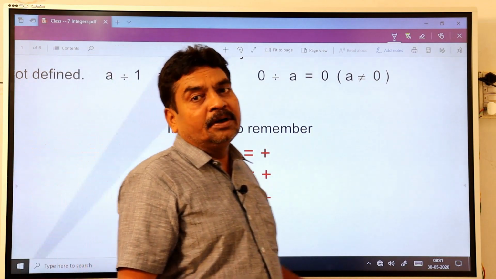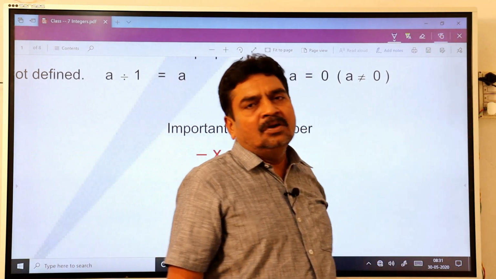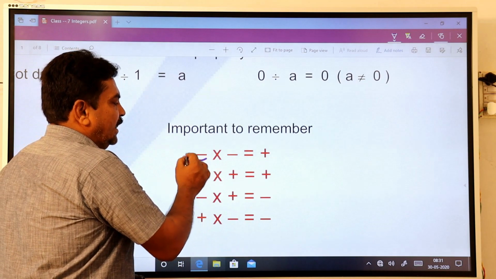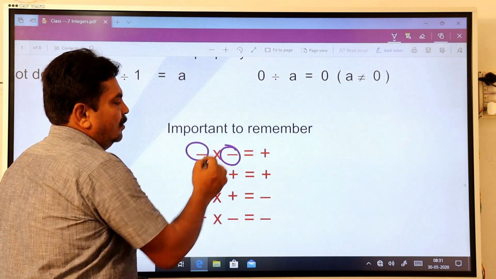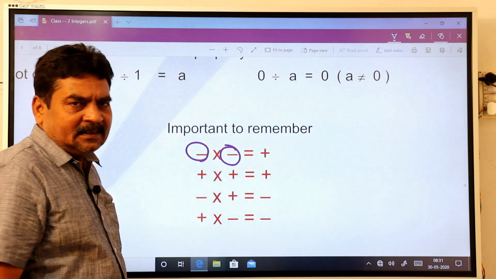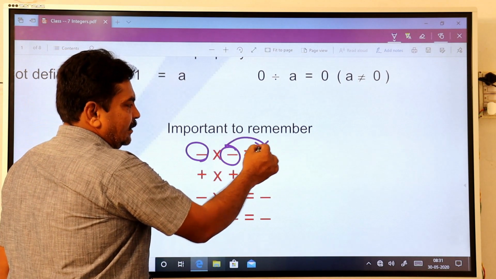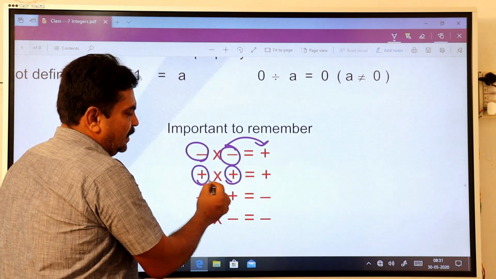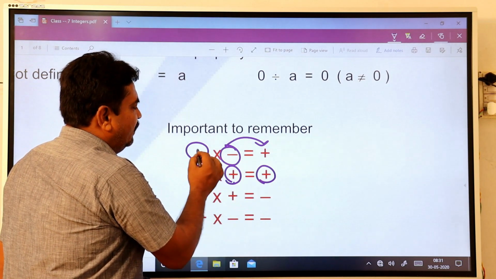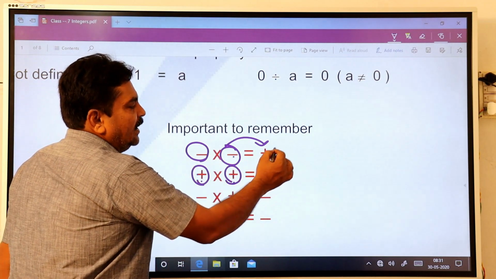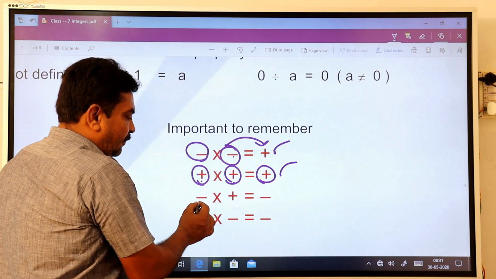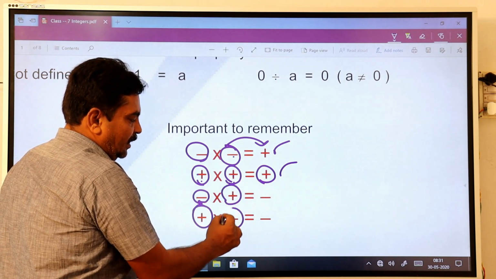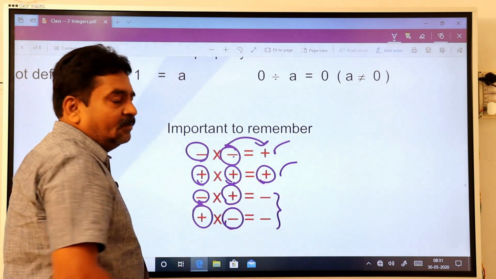How are you going to remember this? I'll just give you a tip. Whenever you have two same symbols, minus minus, you get plus. Similarly, here you have the same symbols, plus plus, you get plus. So whenever you have the same symbols, you get plus. When you have 1 minus and 1 plus, then you always get minus.